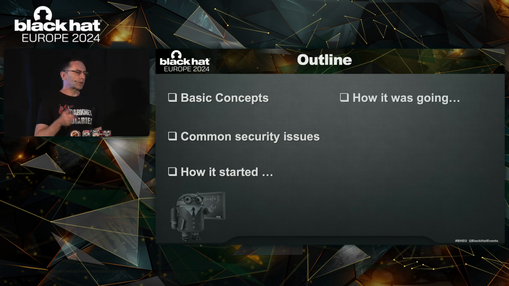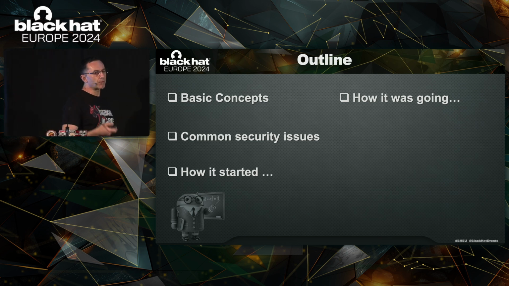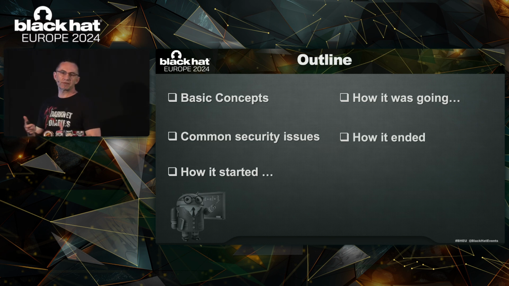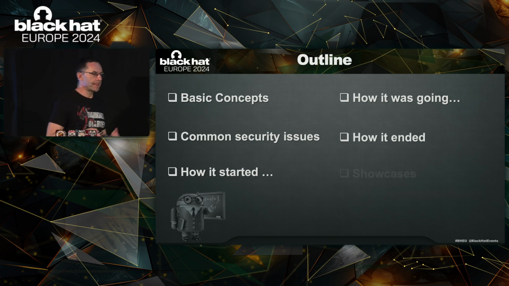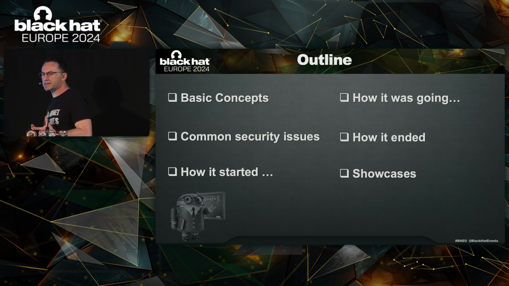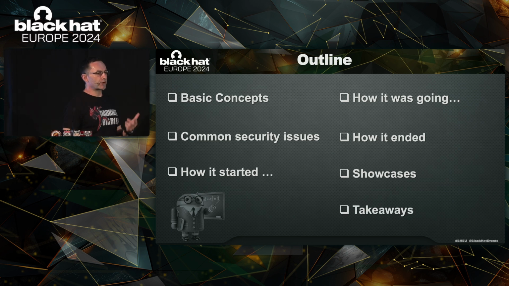And then we'll see what we've tested until we finally concluded on the most convenient way in order to implement the exploitation technique which I'm going to talk to you about. To see everything in practice, we're going to go through some actual vulnerability showcases, and we will wrap up with conclusions and takeaways.